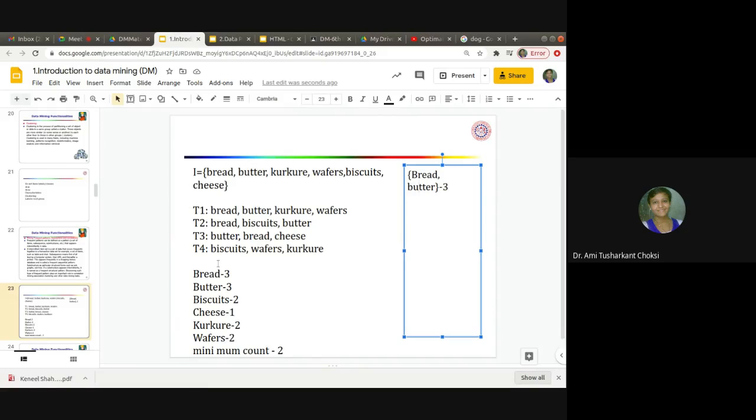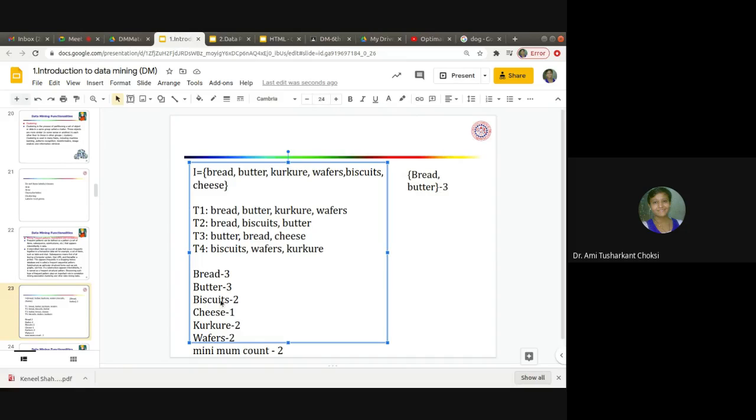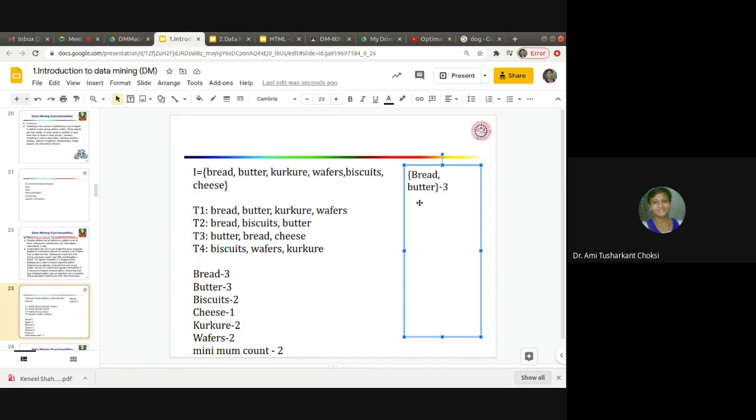If we have, say, bread and biscuits, let us consider bread and biscuits. So for that, bread, and here no biscuits are there. Bread and biscuits, one time available. Here no biscuits are there. Here biscuits are there, but bread is not there. So what is the count of that?